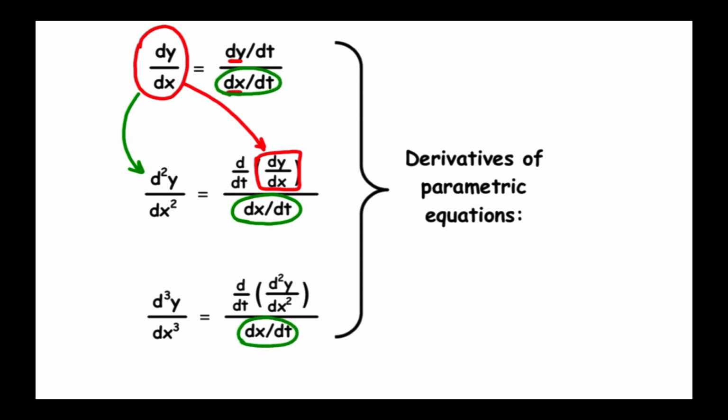Whether it's the second derivative, third derivative, fourth derivative, you still have to divide by dx dt. Speaking of third derivative, you're going to start with the second derivative that you just found. You'll take its derivative with respect to t, but then again, you're going to divide by dx dt again. It's easier, I think, if you see some examples, but that's the basic formula set that you're going to need to know.